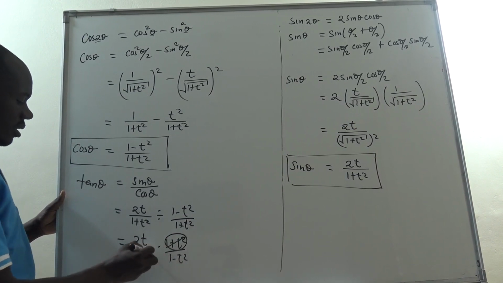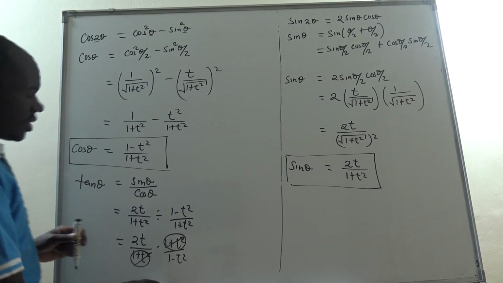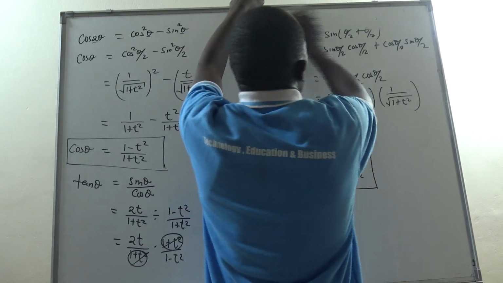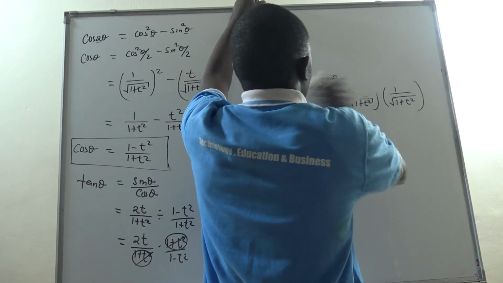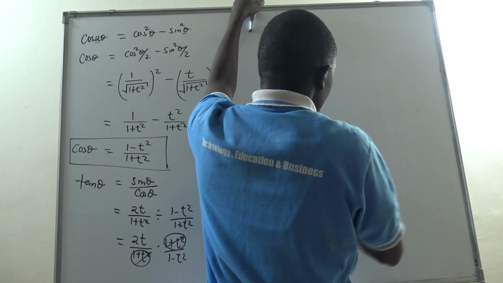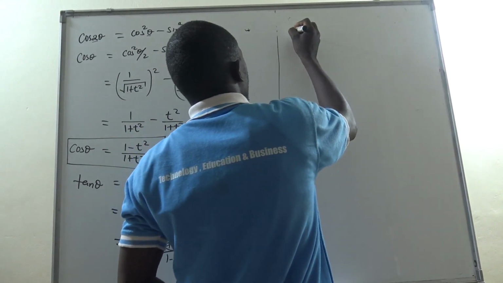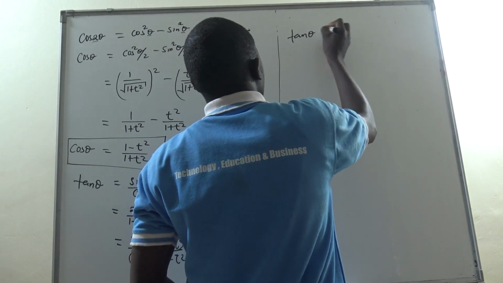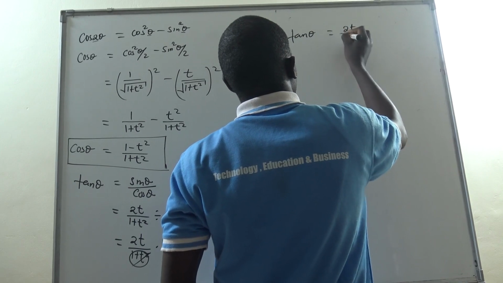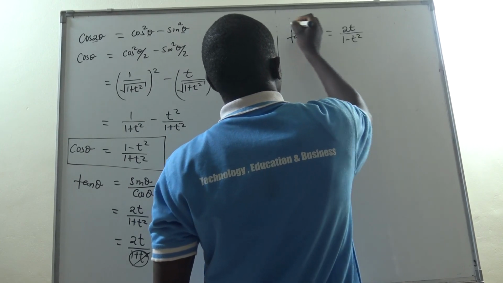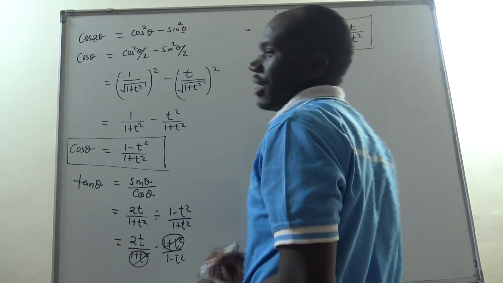This one disappears with this. So I'm going to remain with 2t all over 1 minus t squared. So tan theta in terms of t is the same as 2t all over 1 minus t squared. These are the expressions which we have so far derived.